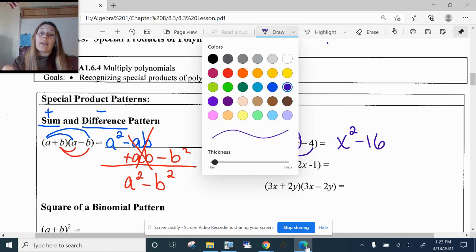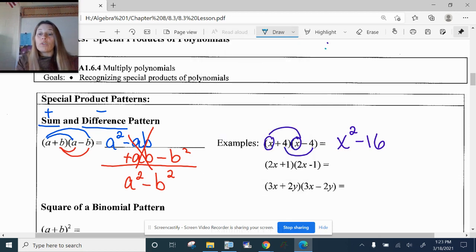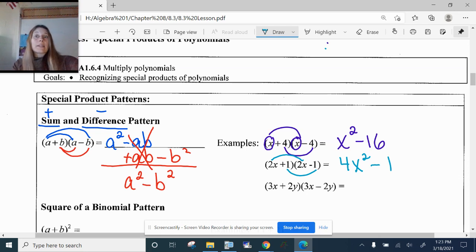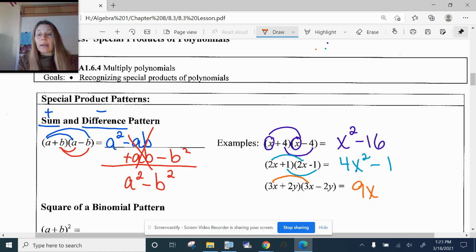So taking a look at the next one here, 2x times 2x would be 4x squared, and then 1 times negative 1 would just be negative 1. So I didn't have to worry about the 2x times the negative 1 and the 1 times the 2x because those would have canceled out anyway. And then my third one here, 3x times 3x would be 9x squared, and then 2y times 2y would be 4y squared, but of course that's a negative.